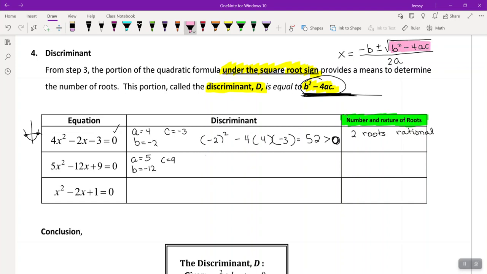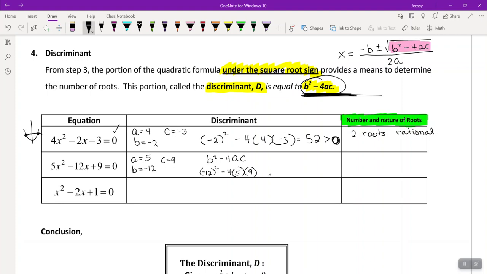B squared minus 4AC is the part inside of the radical sign. And so now we're just going to substitute the values in. So for the B, -12 in here. For A, 5, and for C, 9.